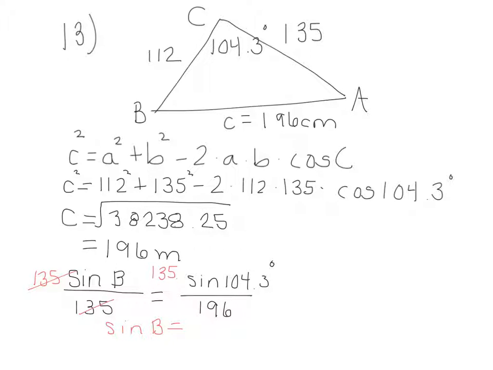And I find that the sine of B is equal to about 0.7189. Now to find angle B, I need to do inverse sine. Always do inverse to find an angle, and that's the only time you do inverse. And I find that angle B is about equal to 46 degrees.